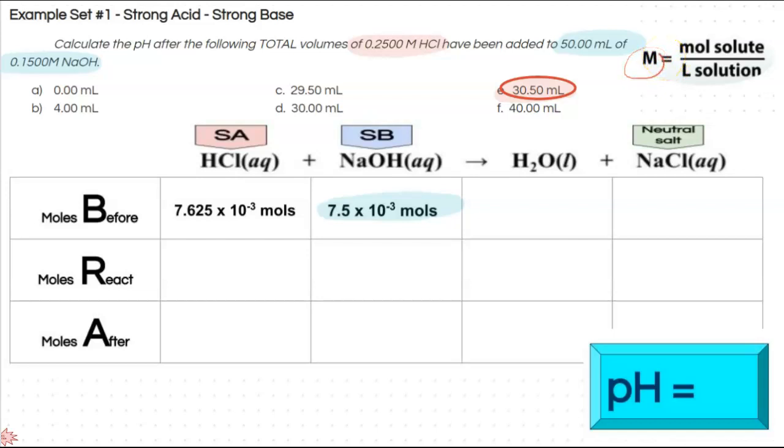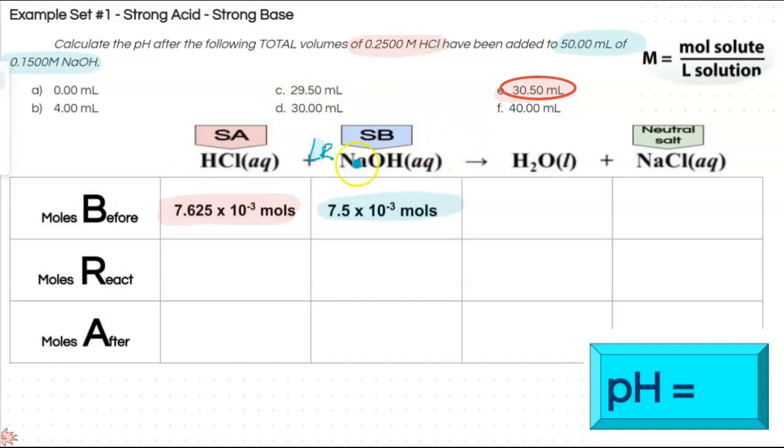So in lieu of molarity, I put in 0.250, and for the volume, I put 0.0305, and my moles of acid will be 7.625 times 10 to the negative third. I'm still working with my 1-to-1 ratio, but in this case, I have more acid than I have base, and my sodium hydroxide has now become my limiting reactant.